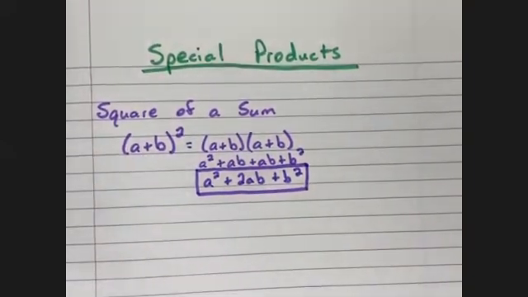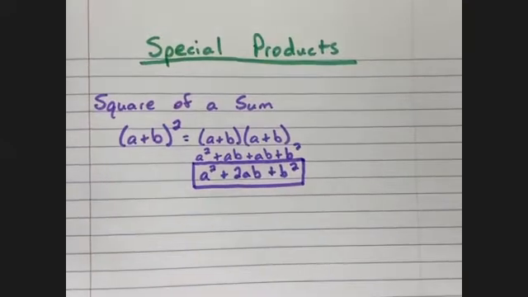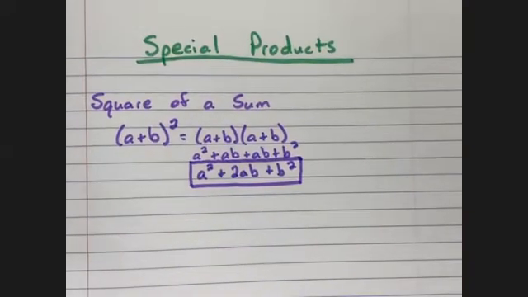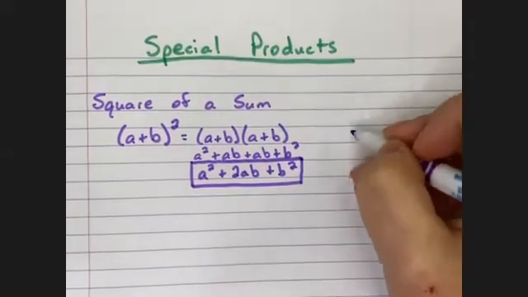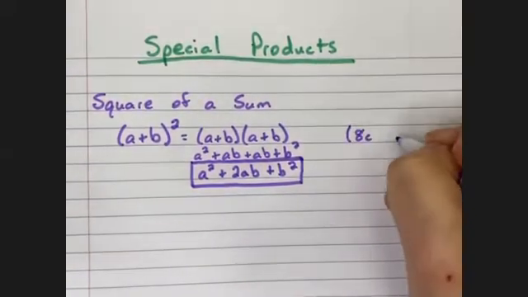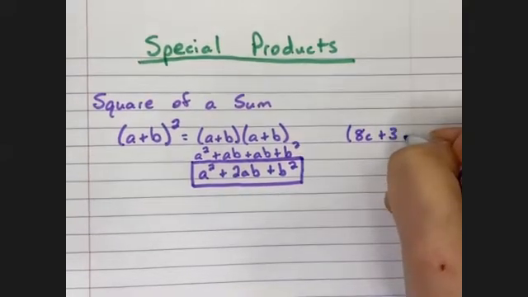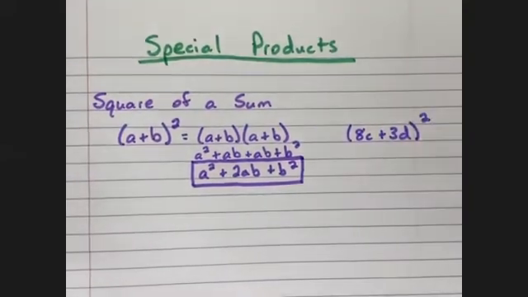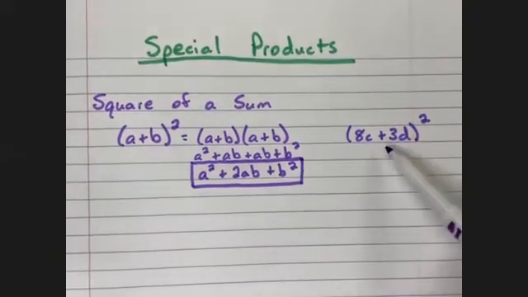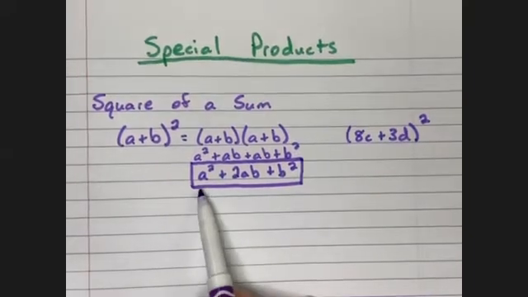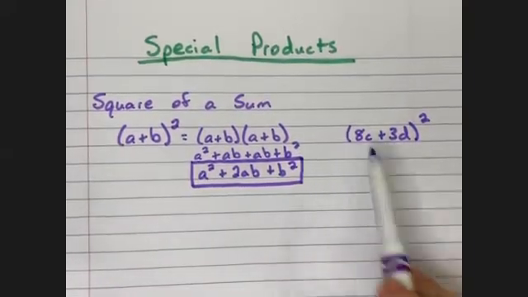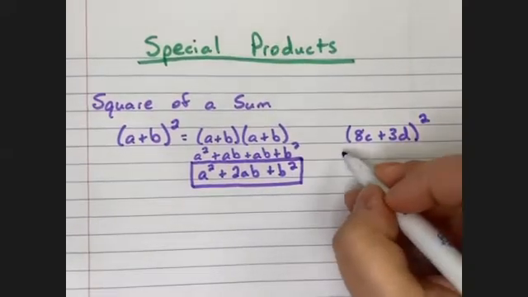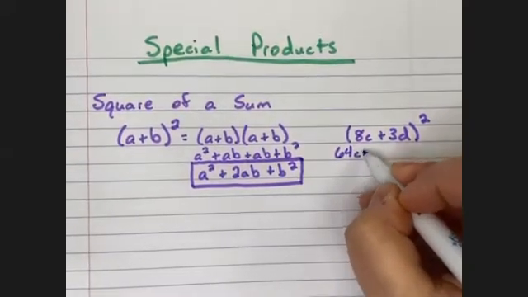And you may be like, okay, so I don't see how that helps me, especially because I did work it all out by hand. So for the example, I'm not going to do all of the steps. So here's an example. If I have 8c plus 3d squared, this is the square of a sum. The first thing is I'm going to take the first term, my a value, and square it. So 8c times 8c is going to be 64c squared.